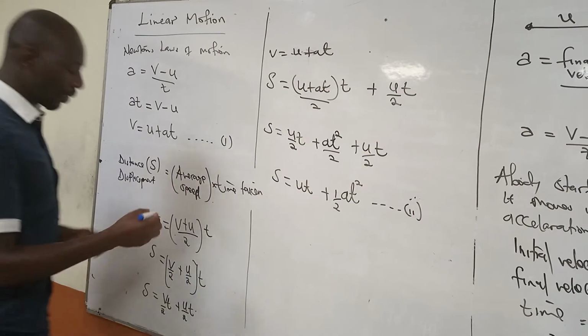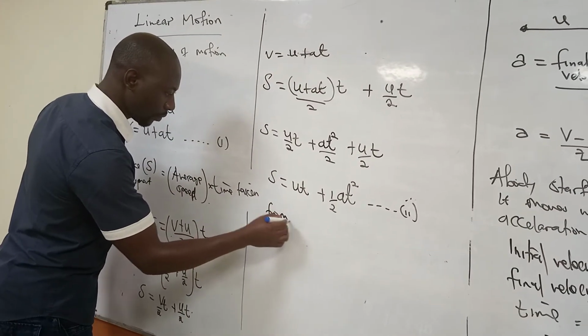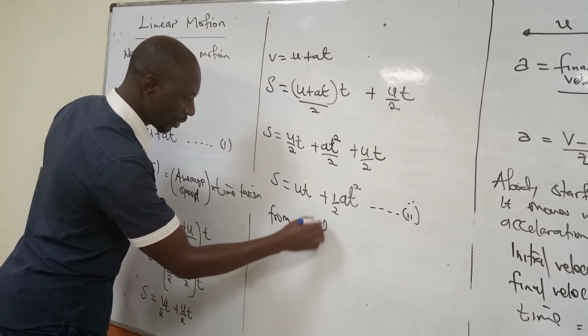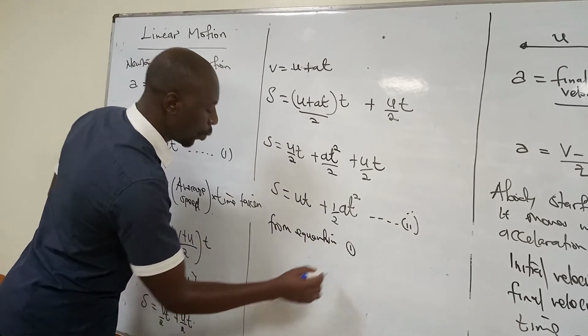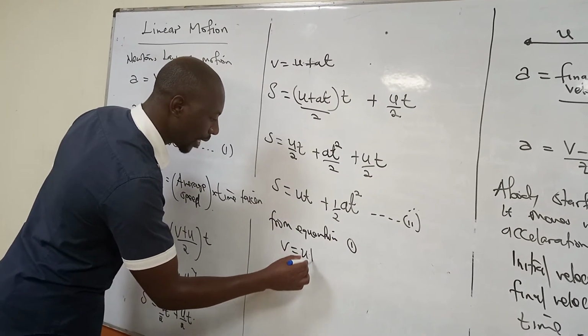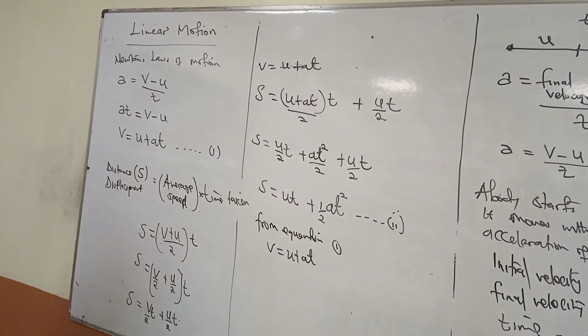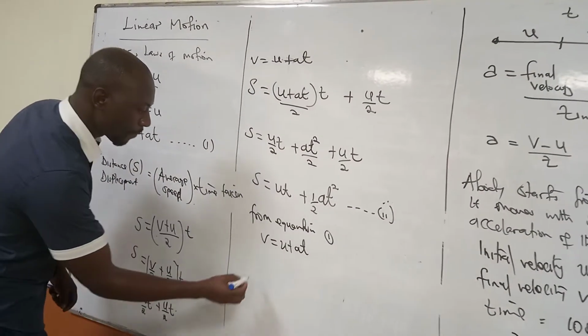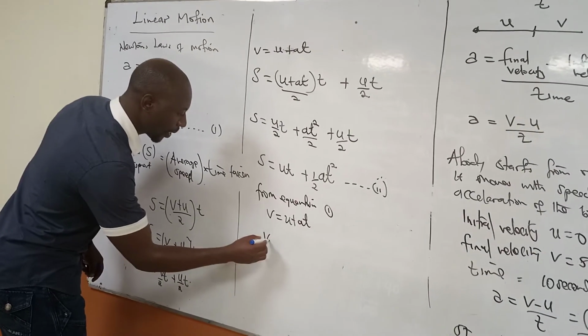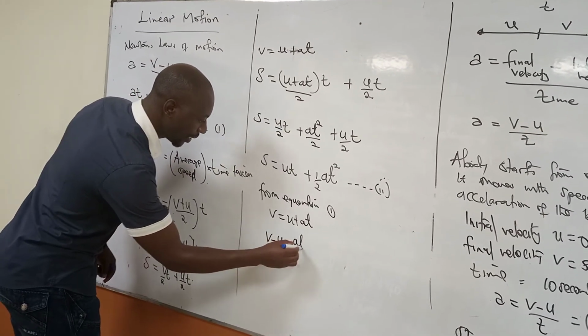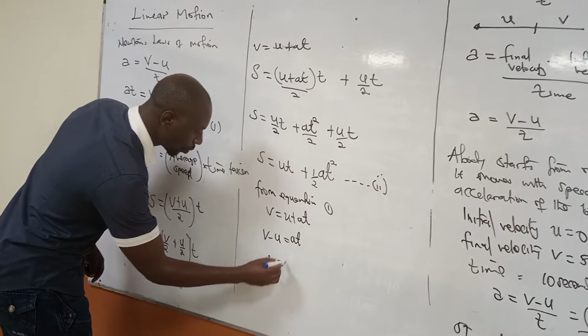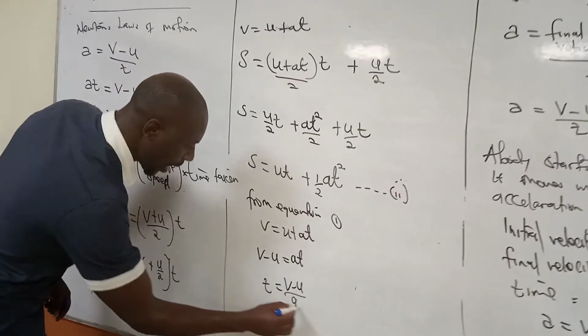So from equation 1, or the first law of motion, which says that V is equal to U plus AT, let's make t the subject. It shall be V minus U is equal to AT, implying that t is equal to V minus U over A.